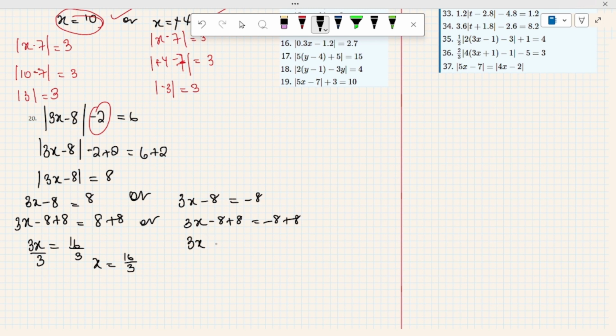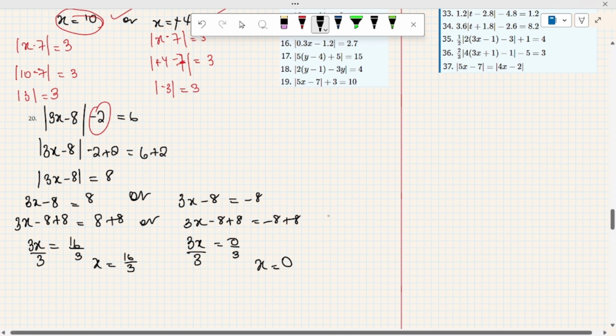Then 3x is going to be equal to 0, and divided by 3, x is going to be equal to 0, right? So we've already solved the equation. Now we just need to prove it.